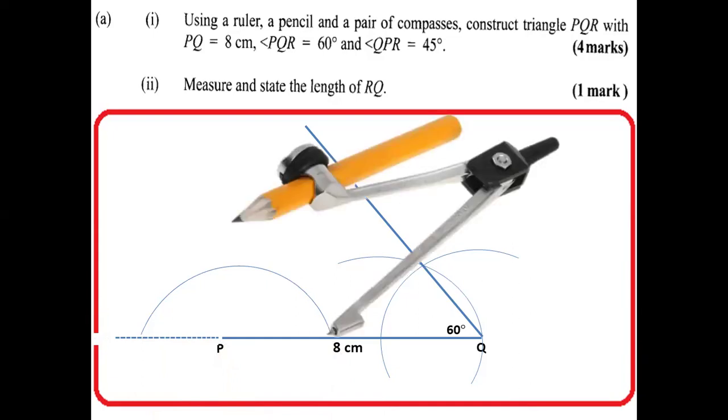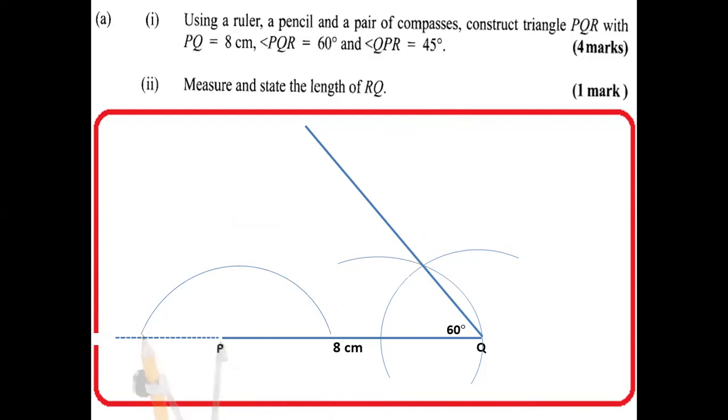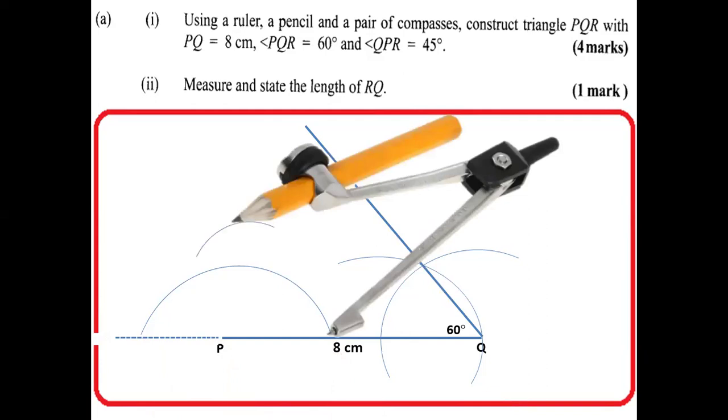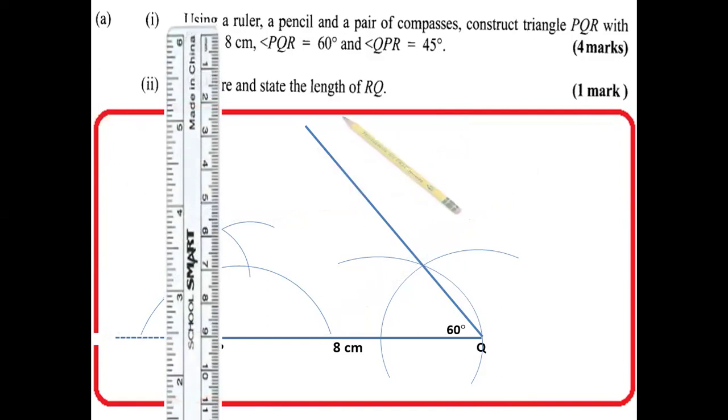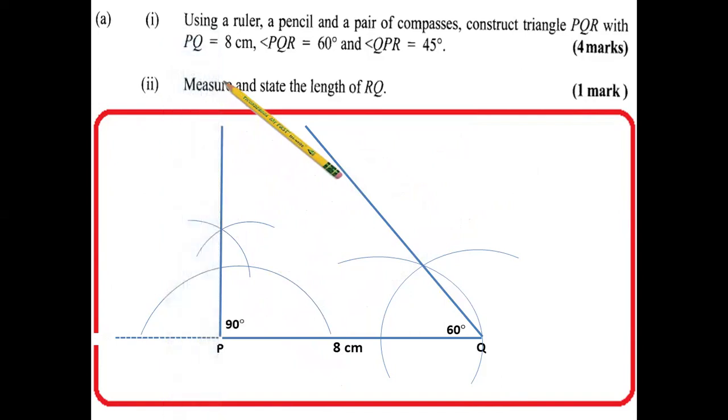Right there. And we're going to make a swing up. Oh, yeah. By the way, you're going to open the compass a little bit wider from what it was originally. Open it wider and then swing above point P. And then we're going to put the compass on the other side and then swing above point P again, cutting that arc at the top. Then take the ruler and just draw from point P going to where the arcs meet. And that's our 90-degree angle, right?